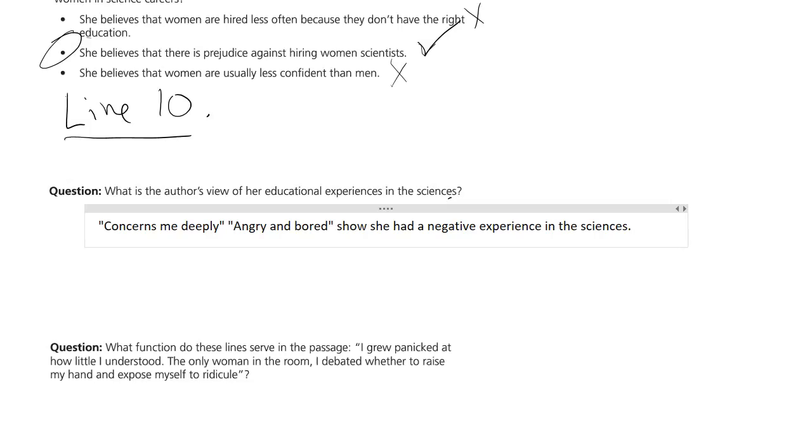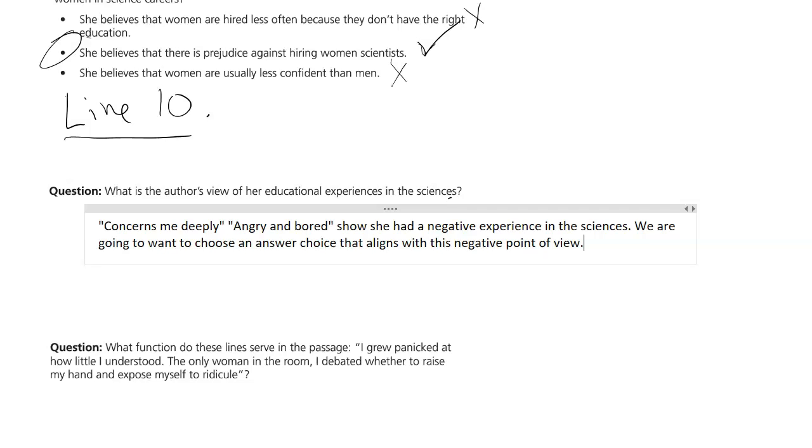And so because she had this negative experience in the sciences, we are going to want to choose an answer choice that aligns with this negative point of view. We will not want to choose an answer choice that is overly positive.